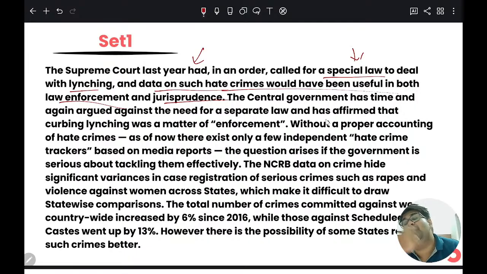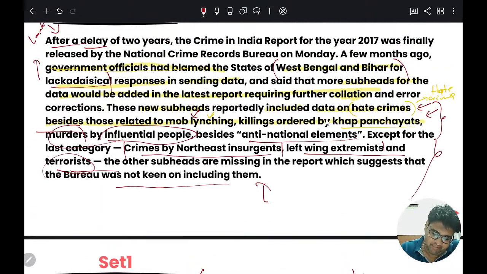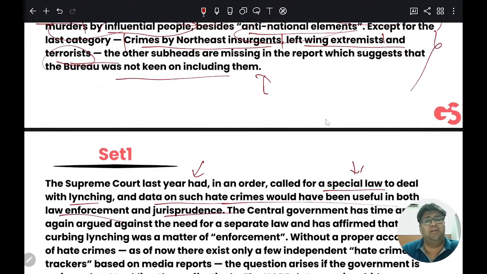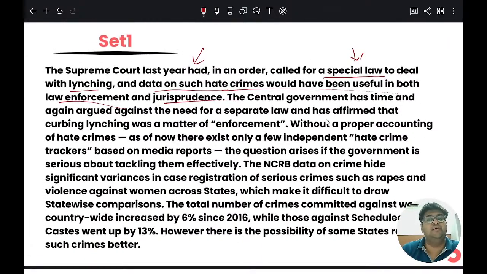So the Supreme Court passed this order because they think that the data on hate crimes matters. Whether it be mob lynching, Khap Panchayat, or anti-national elements, all these are hate crimes, committed out of one or other sort of hatred. Now, why did they call for a special law?